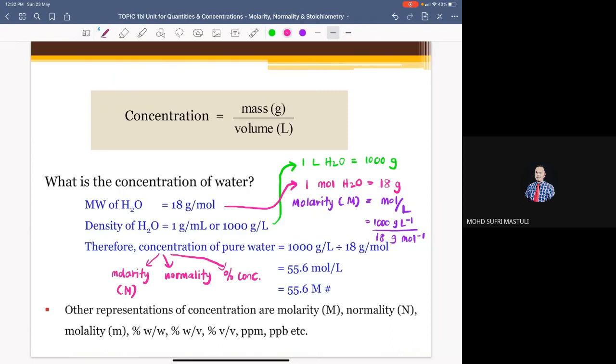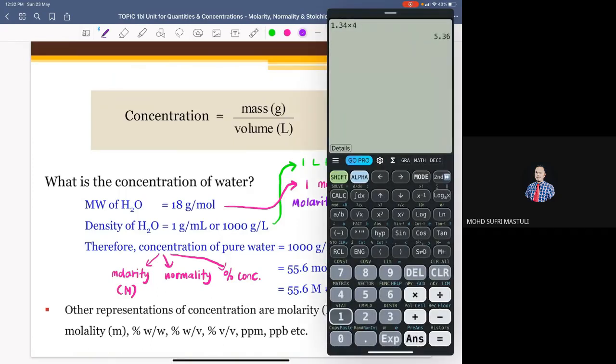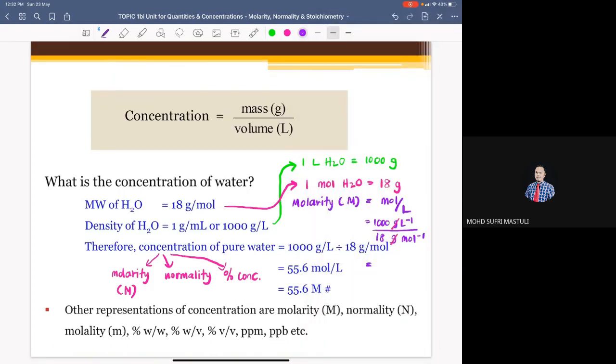You can cancel the gram and then you obtain 1000 over 18, which is 55.6 mole per liter.